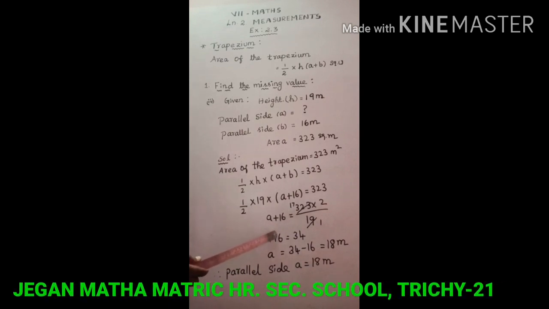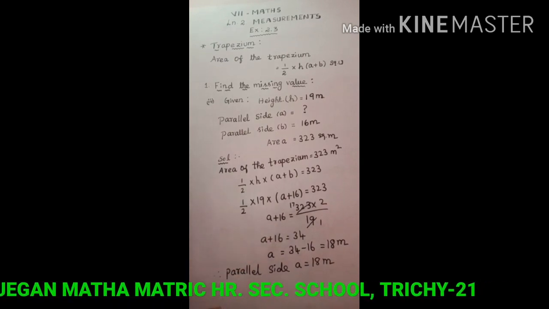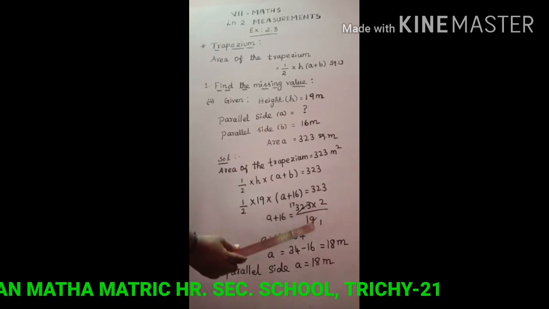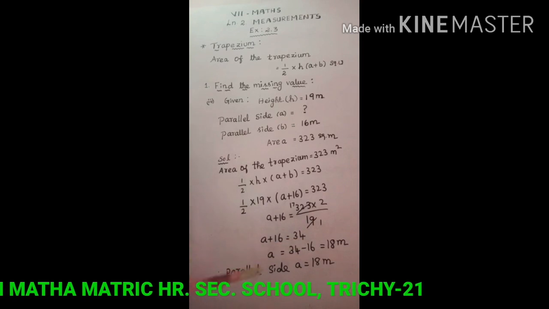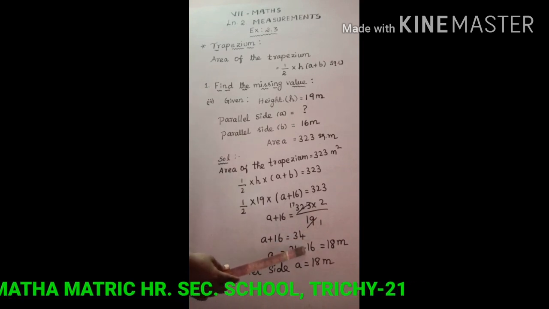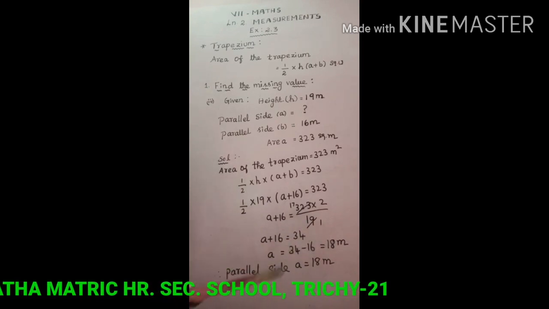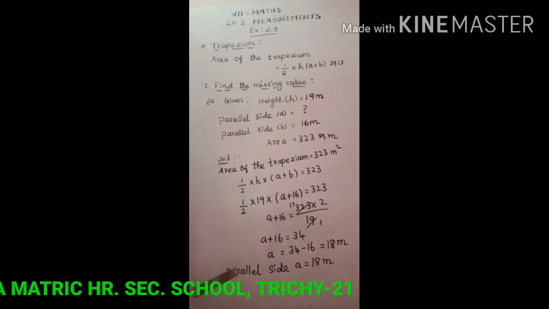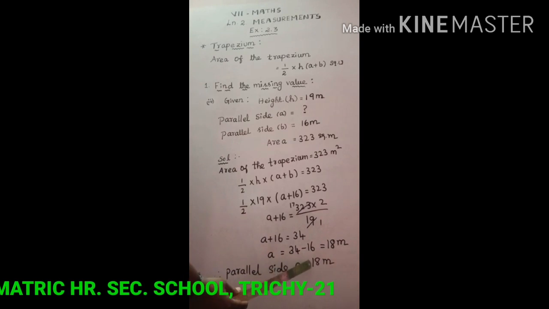So A plus 16 is equal to 34. The plus 16 goes to that side as minus 16. Then 34 minus 16 is equal to 18. So the parallel side of the trapezium is equal to 18 meter.